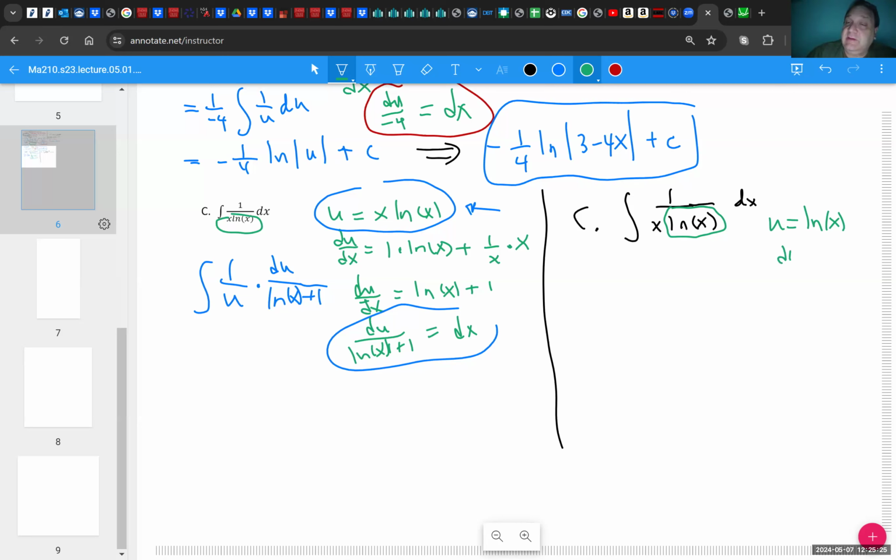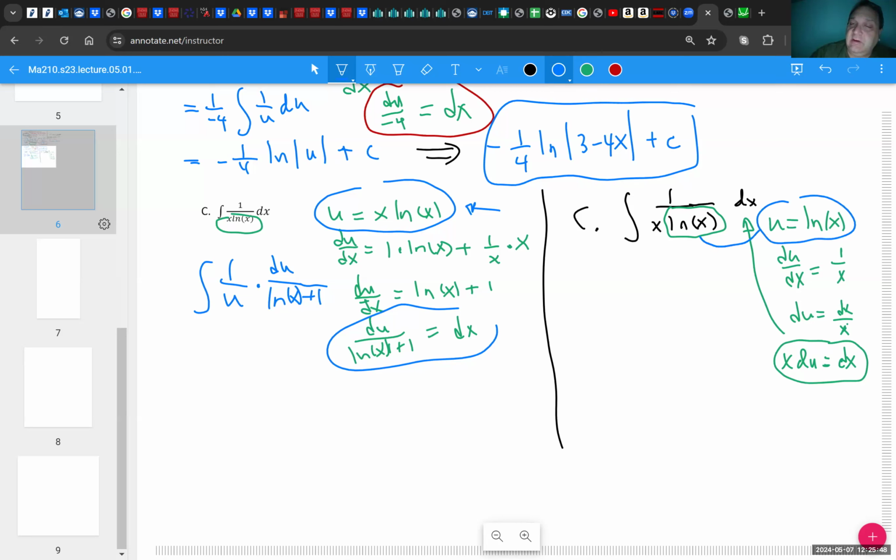Once again, I'll calculate the derivative. Derivative of ln x is 1 over x. That means du is equal to dx over x, or dx is equal to x times du. So there's my dx that I'm going to put in here. Of course, this is my u that I'm going to put in here, right?